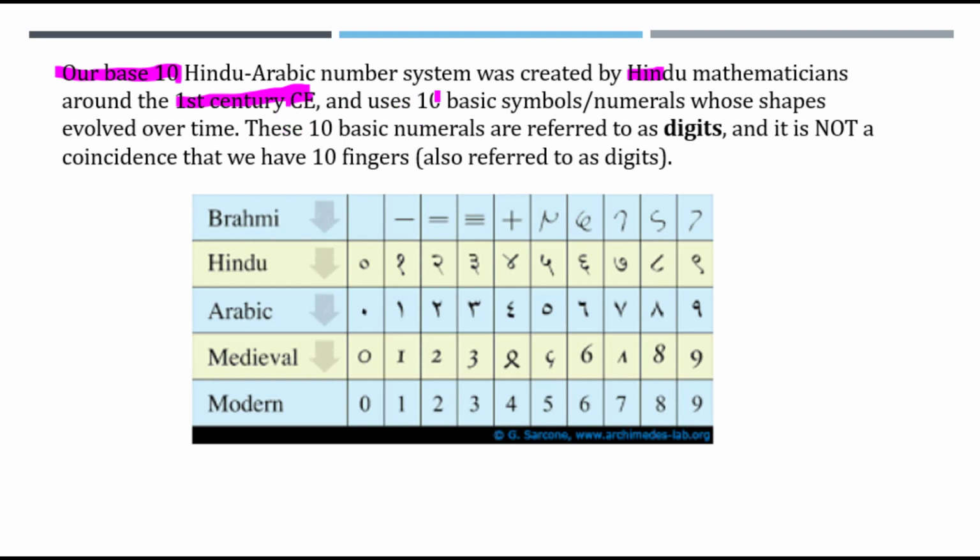It uses 10 basic symbols, numerals, whose shape has evolved over time. And here's how it's evolved over time. These are the shapes as they evolved over time. Of course, this is what we use today. But in the medieval ages, they used these numerals to represent these numbers.